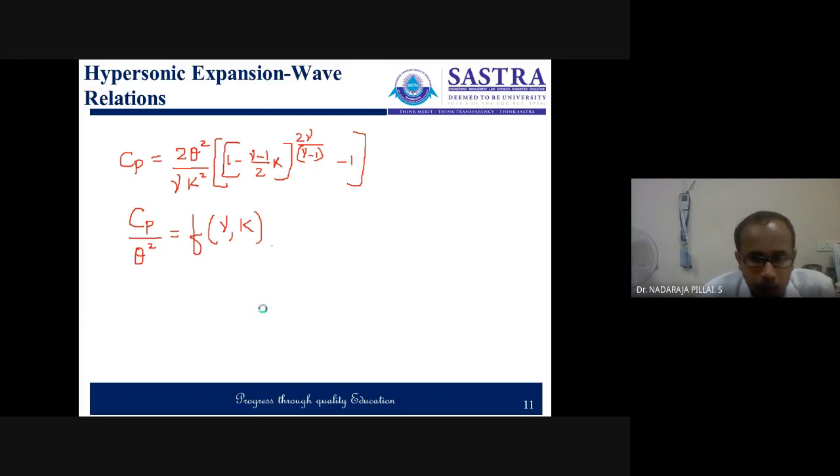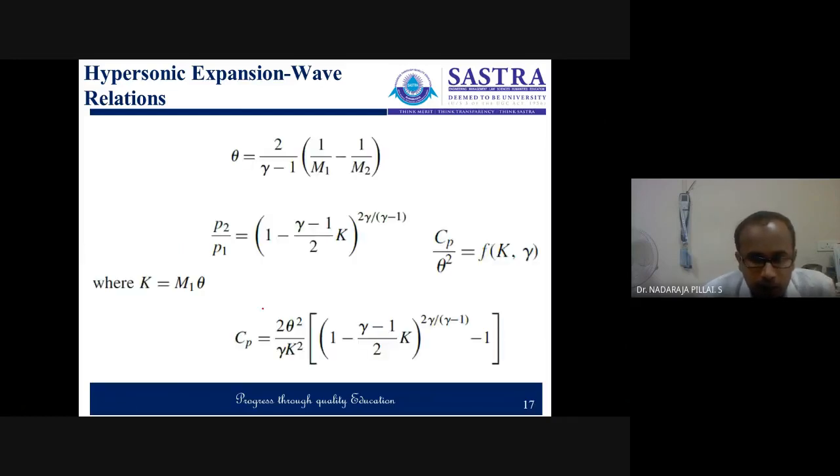So ultimately what we have done today is, first we have derived the theta for the expansion wave, basically mu of M2 minus mu of M1, and then we know P2 by P1 is equal to 1 minus gamma minus 1 by 2 into K the whole power 2 gamma by gamma minus 1.